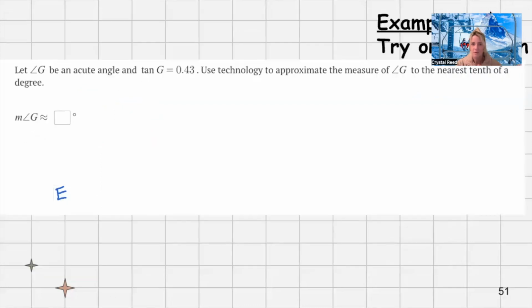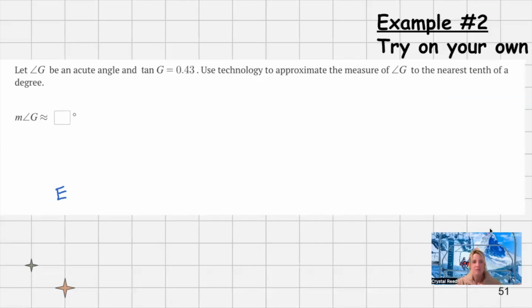Example 2. Try this one on your own. Let angle G be an acute angle and the tangent of angle G is 0.43. Use technology to approximate the measure of angle G to the nearest tenth of a degree. You're like, wait, what? What do I do here? All right, tangent of angle G equals 0.43. Well, we cannot just solve for angle G here. We have to get rid of that word tangent.